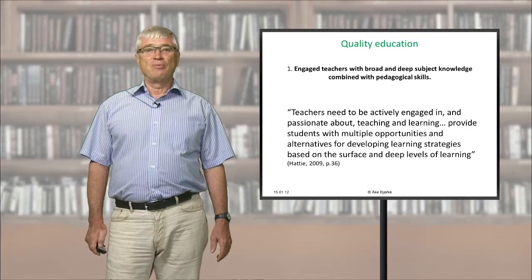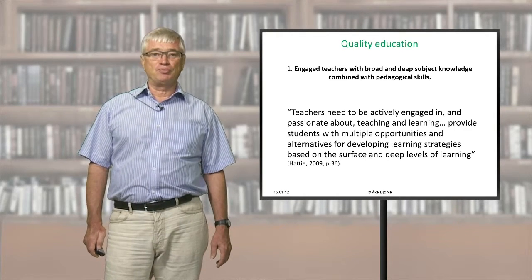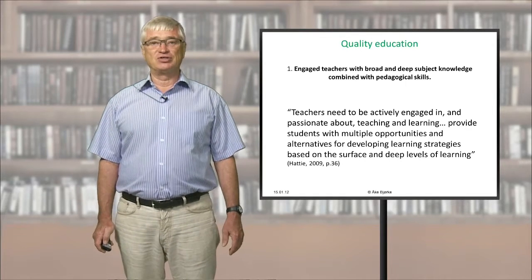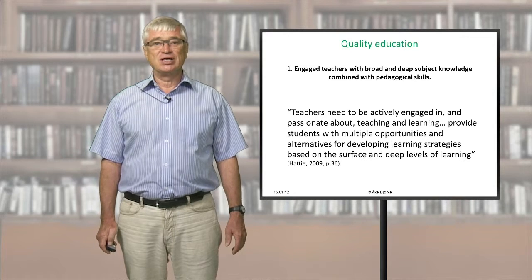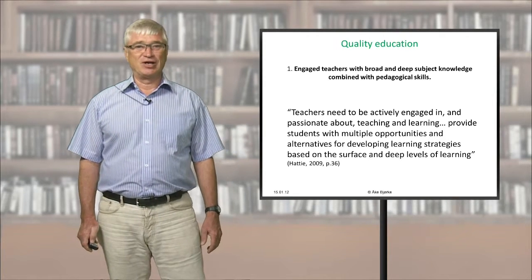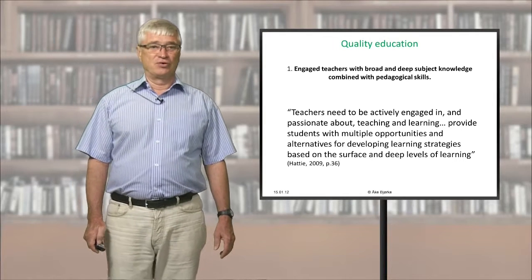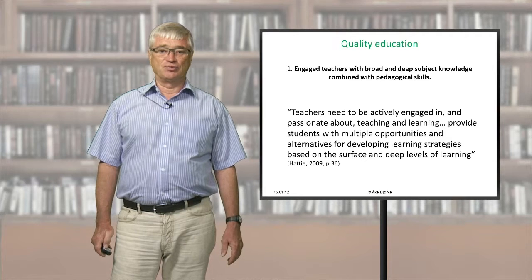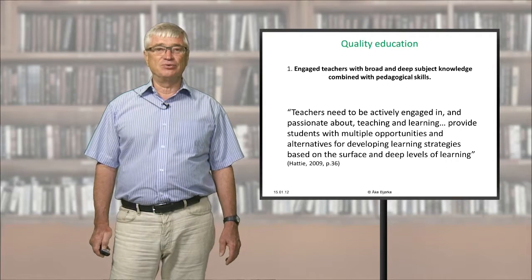The teachers provide students with multiple opportunities and alternatives for developing learning strategies based on the surface and deep levels of understanding. It's actually an Australian professor called Hattie who has made quite a lot of research on what works and what doesn't work. Let's continue with Hattie.